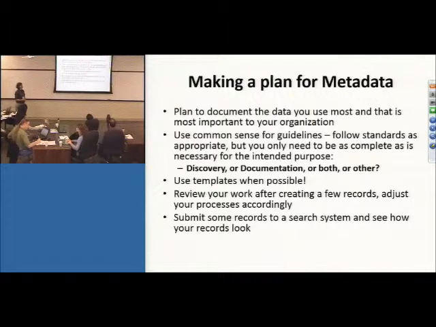And then as you sort of dip your toe into the deep water of beginning this process, create a few records, evaluate how it went, submit them to a search system, and then look for your stuff and see how they look when they come back to you. If your stuff looks the way you want it to look, if it's presenting your organization and your data well, then you probably did a good job with your metadata.